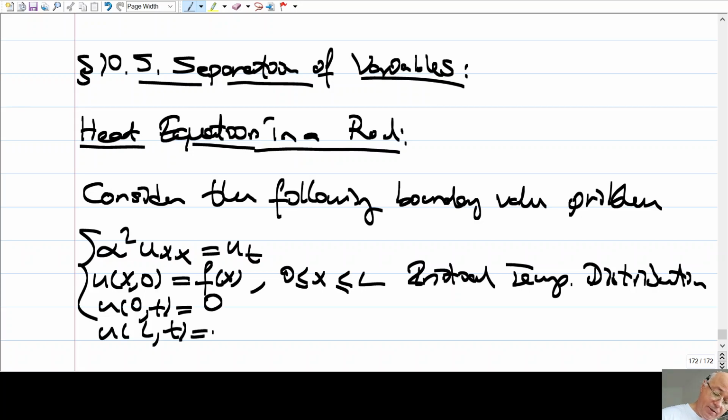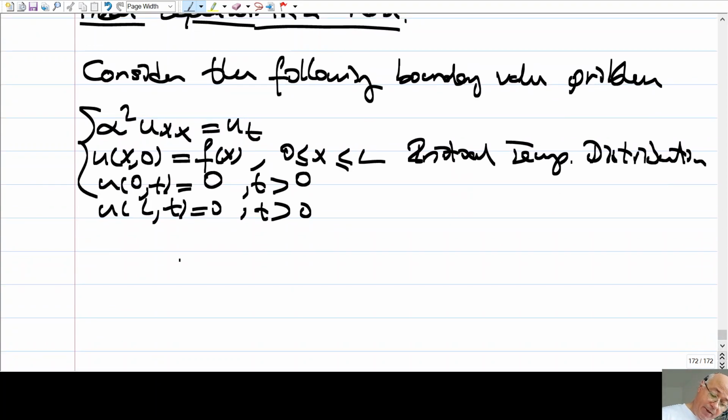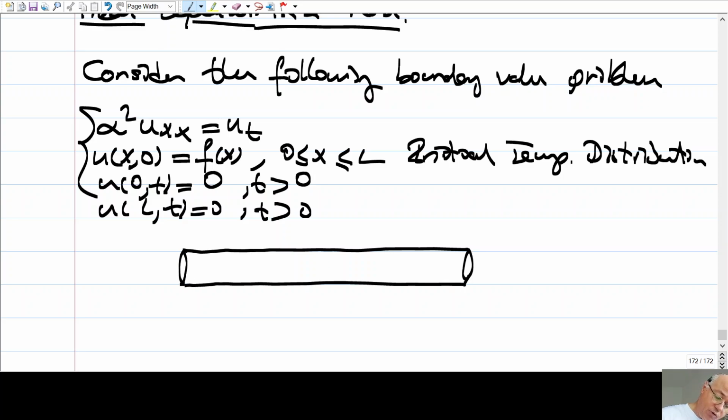In this case, there are homogeneous boundary conditions. Let me explain what this equation is. I have a rod. This can be, for example, a cylindrical metal rod of length L. So let's say this is the x-axis.